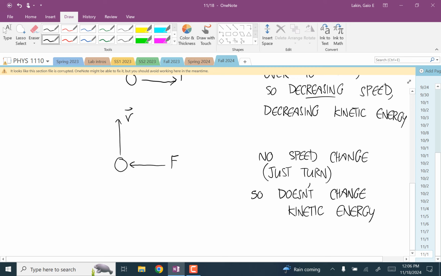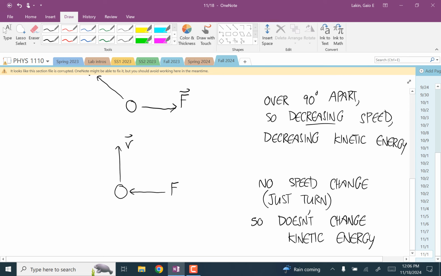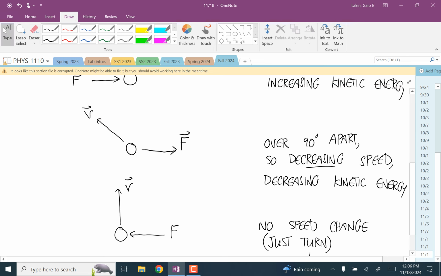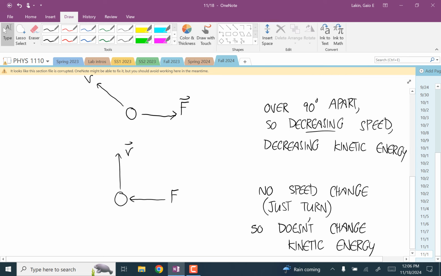Okay, so that's pretty easy to understand overall. It goes along with your understanding of how to slow objects down, speed objects up. The problem comes sometimes when you're trying to calculate how much the energy increases.